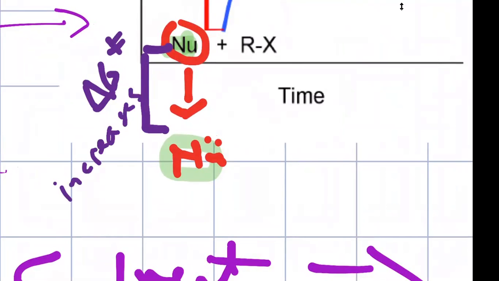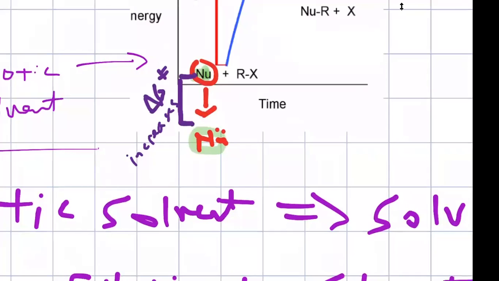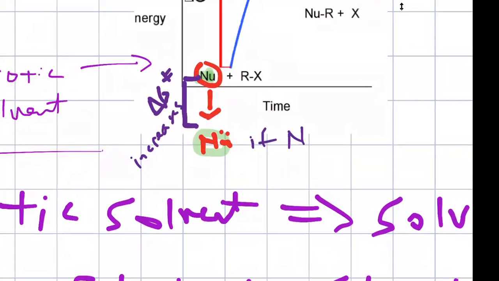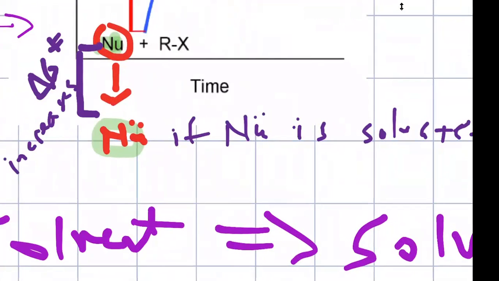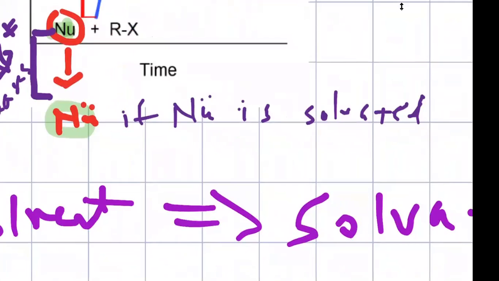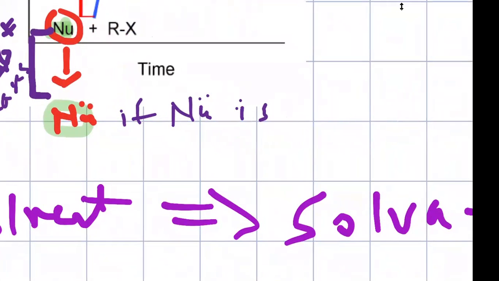All right, so the activation energy increases when you solvate, if that nucleophile is solvated. If you solvate that nucleophile, you're going to drop its energy, you're going to increase the activation energy, and you're going to slow the reaction down, way down.